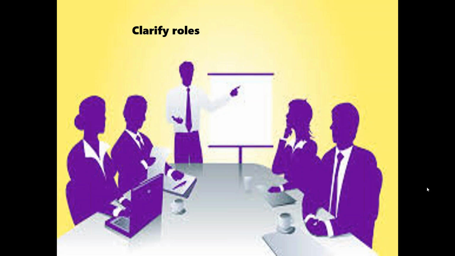Now, the other thing I'd say to you is please don't assume that your team members all have very clear understandings of the roles that everyone else around the table has. Big mistake, particularly in a cross-functional team. Even in a functional team, there are misunderstandings around what people's roles are.